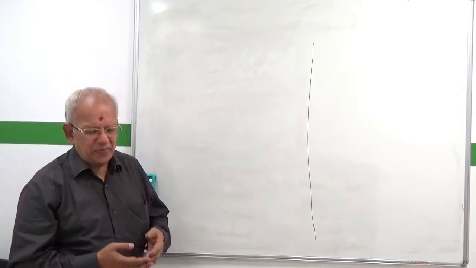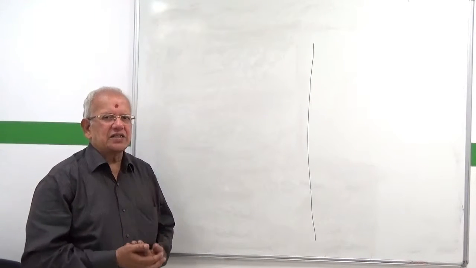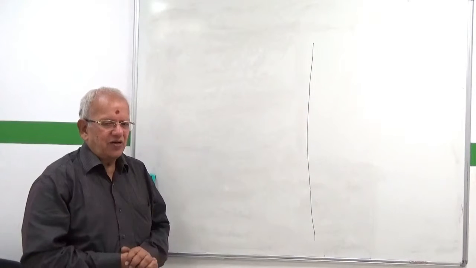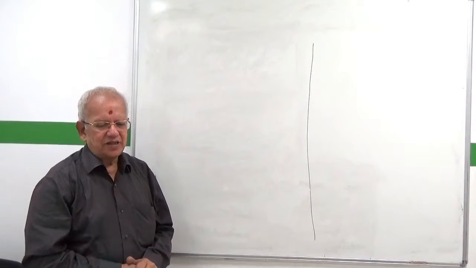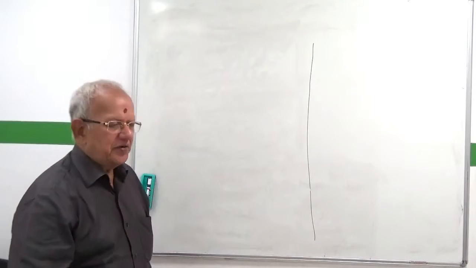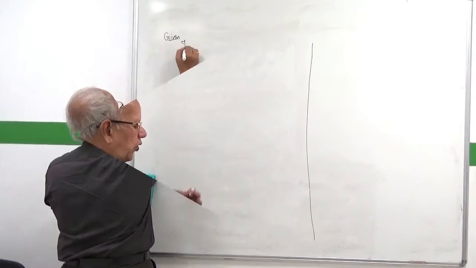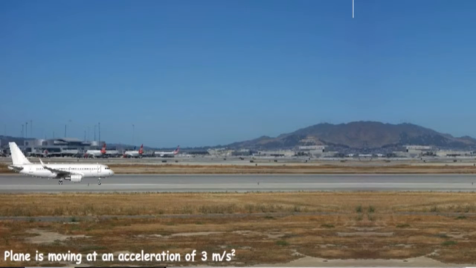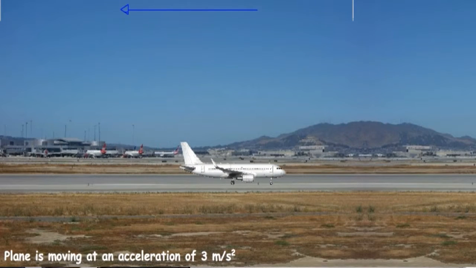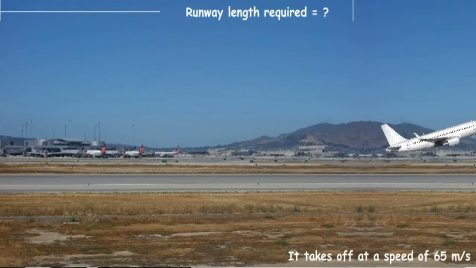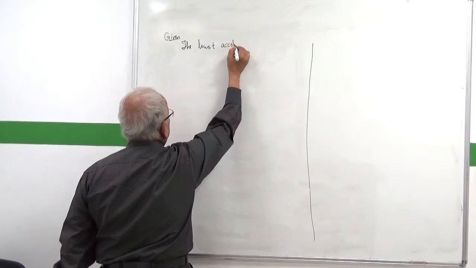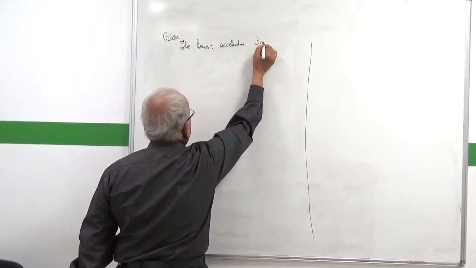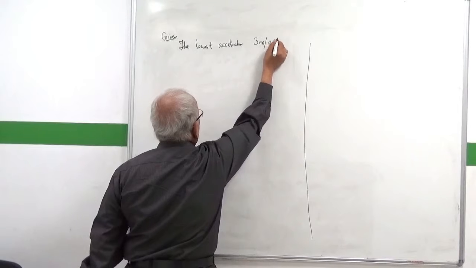So look at the plane with the lowest acceleration. And for that plane, what is the takeoff speed? Now in this problem, it is given that among all the planes that may use the airport, the lowest acceleration is 3 meters per second square.